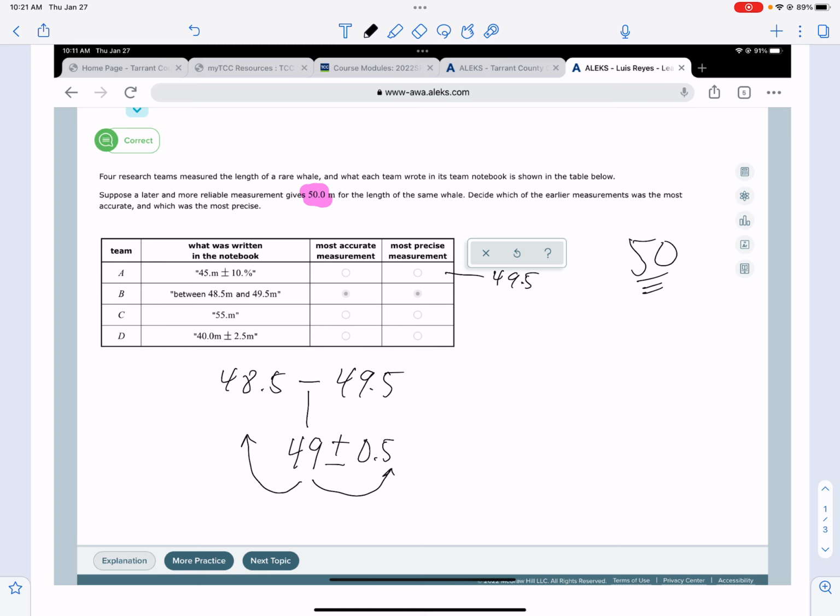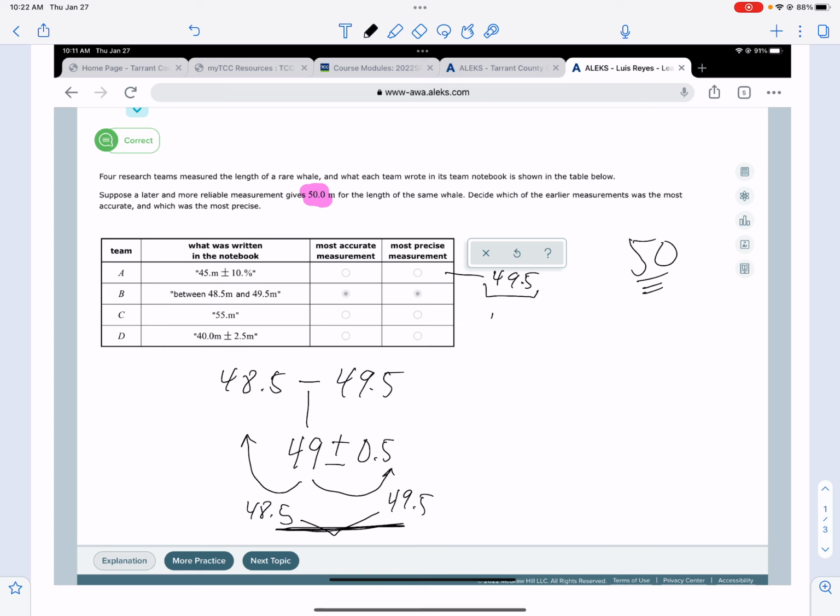So the beginning is going to be 48.5 and the ending is 49.5, which is a smaller range than the one we saw with the first one, because the first one went all the way down to 41 on one end. So these numbers are a lot closer to the true value.